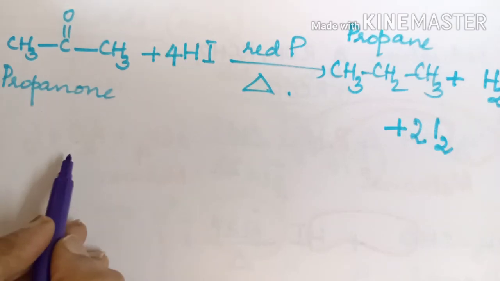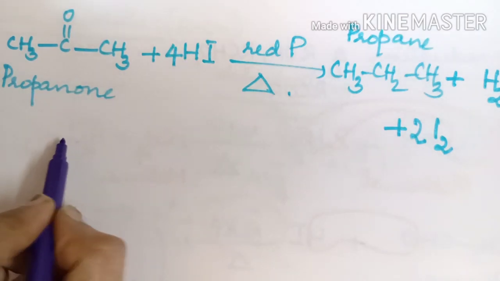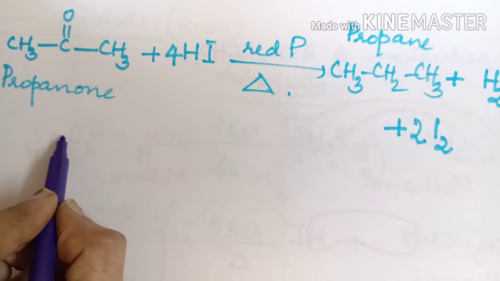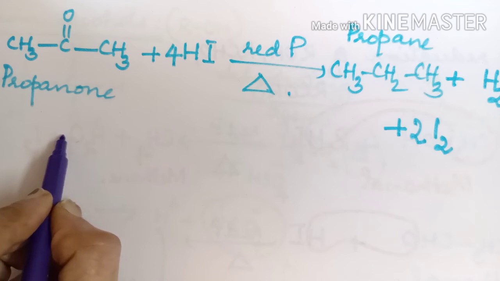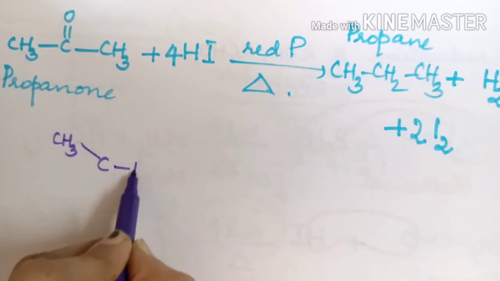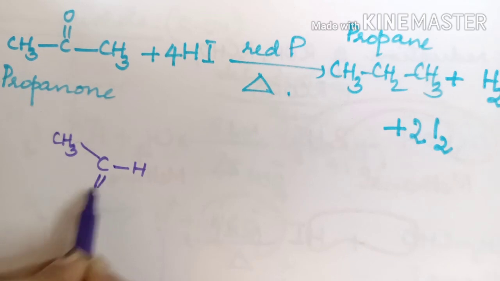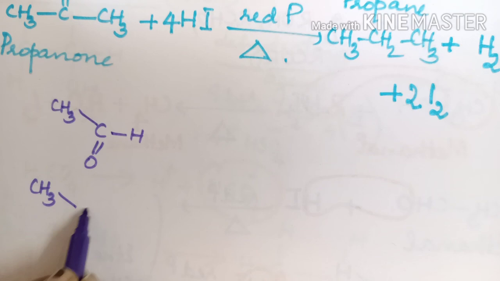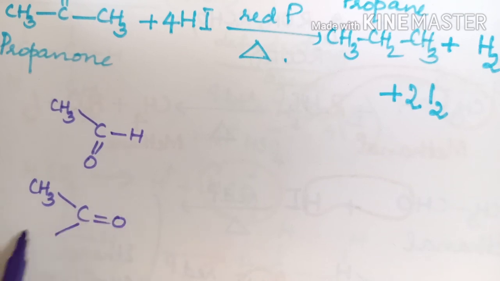Ketones and aldehydes can also undergo reaction with zinc amalgam in the presence of concentrated HCl to give the corresponding alkane. Suppose we have taken CH3CH double bond O, or CH3C double bond O CH3.